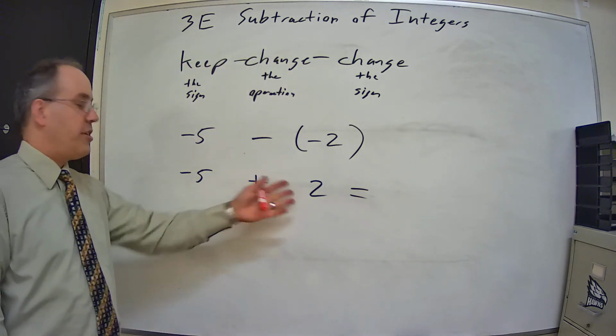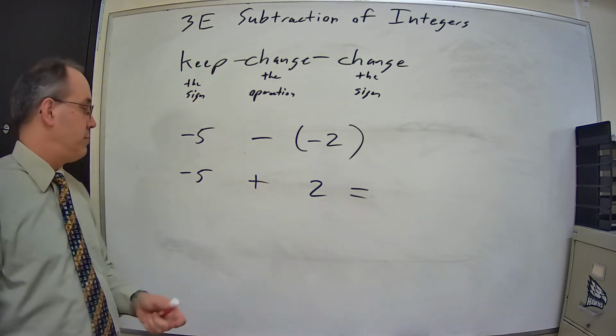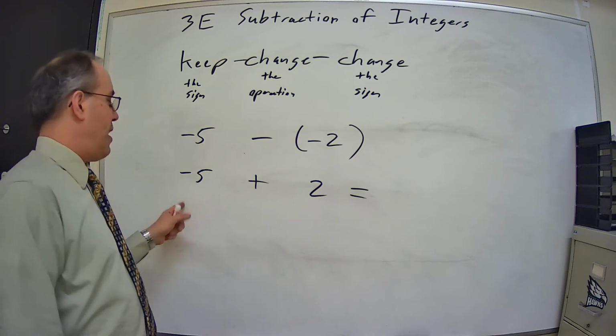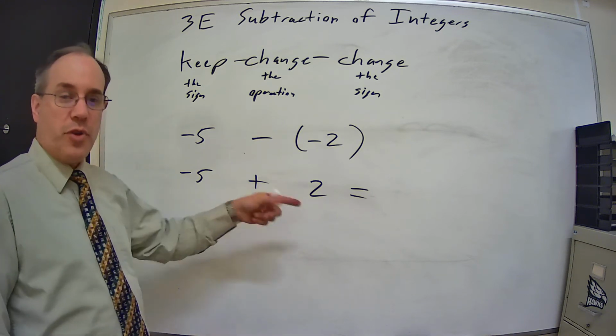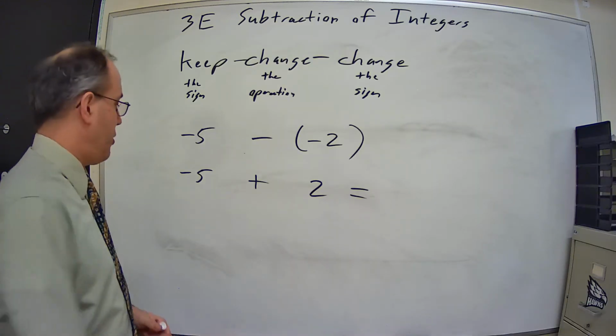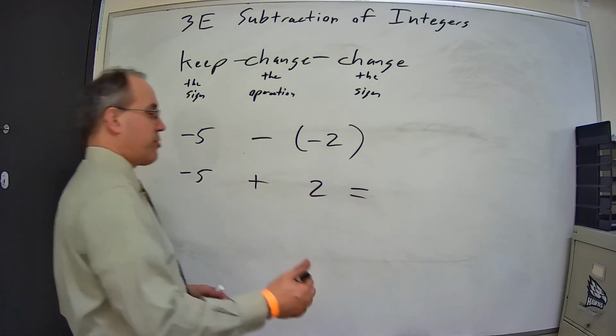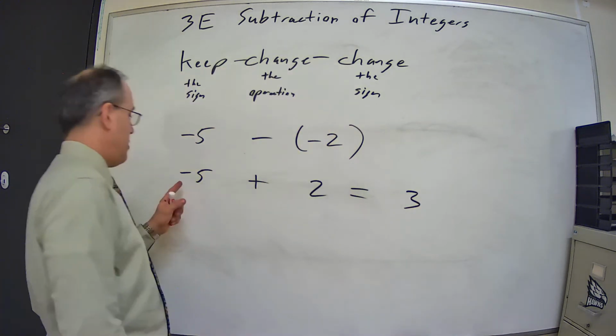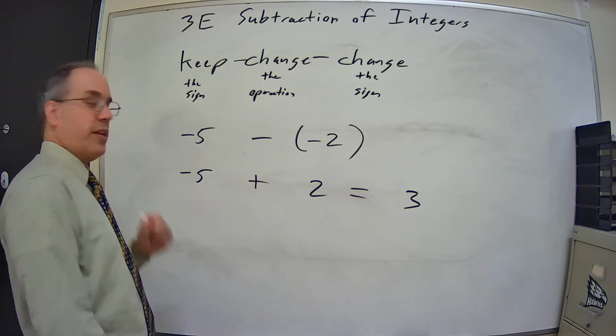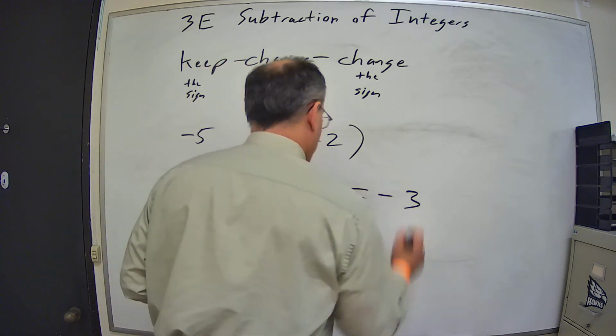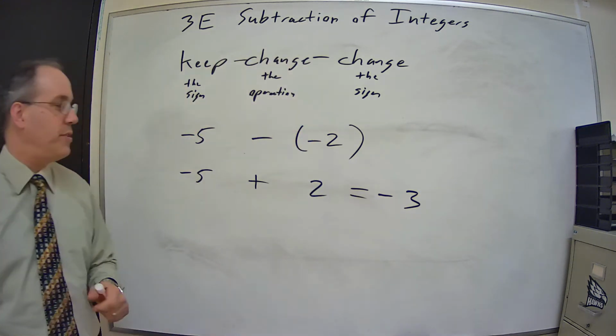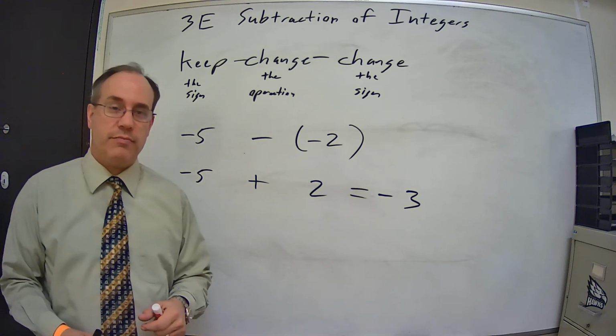Now we have addition of signed numbers. We have opposite signs, so we're going to subtract and keep the sign of the larger number. 5 minus 2 is 3. 5 is larger than 2, so we're going to keep its sign, which is negative. So -5 plus 2 is equal to -3.